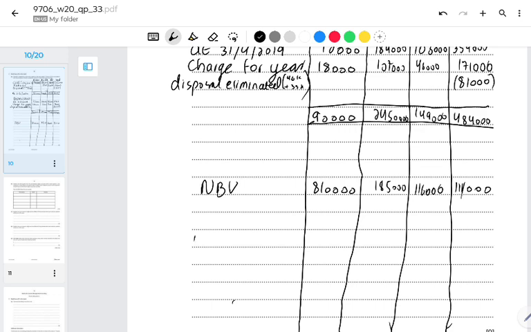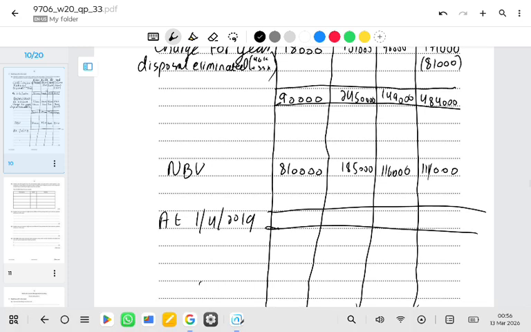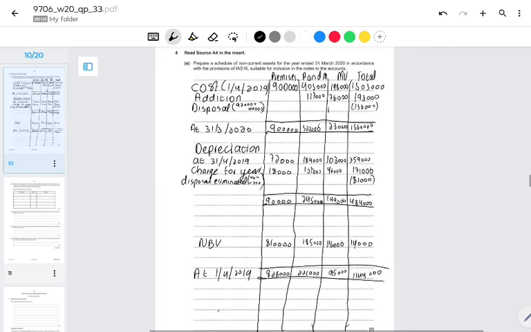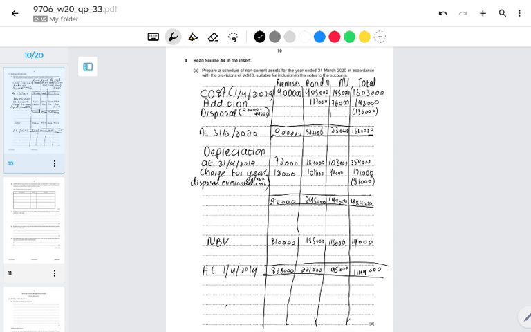So the final value will be first for 2019: 28,000, 221,000, 95,000, 114,000. Okay, so we are done with the first part of the question, that is the schedule of non-current assets.